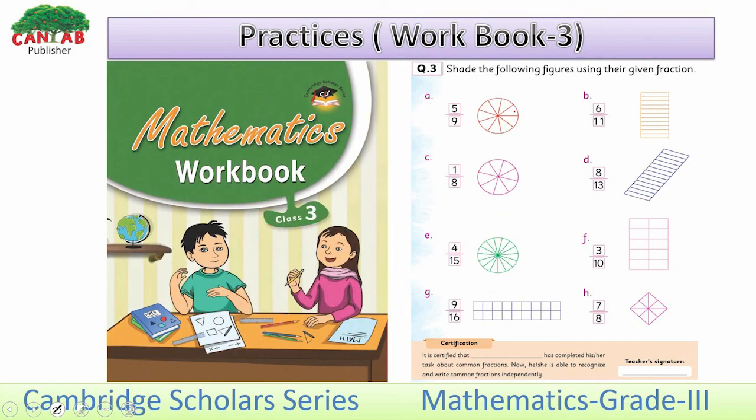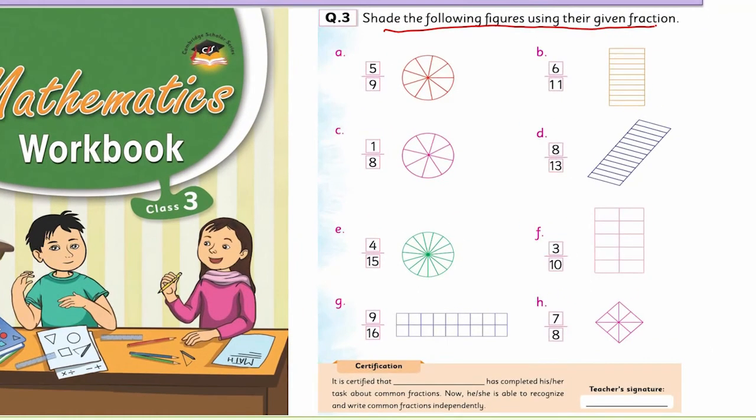Question number 3. Shade the following figures using their given fractions. 5 over 9. So how many parts of this circle? Total parts are 9. Look here. You have to color only 5 parts. 1, 2, 3, 4, 5, 6, 7, 8 and 9. These are 9 parts. So shade or color only 5 parts. So you have to color these parts.